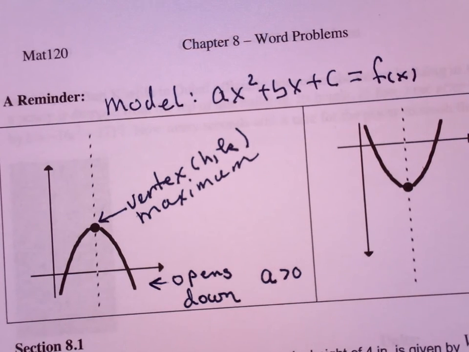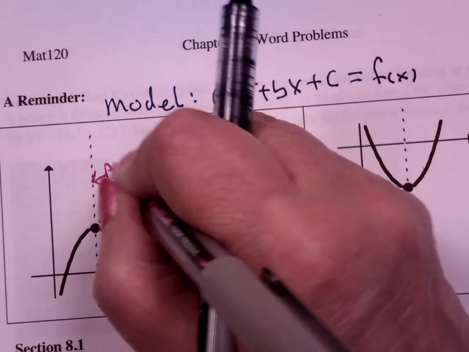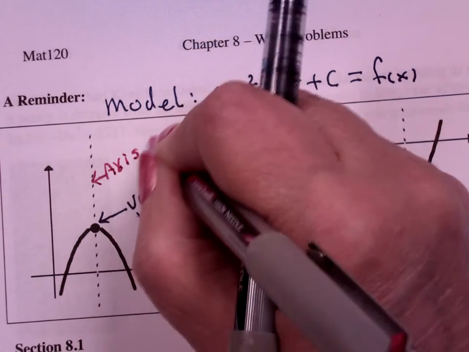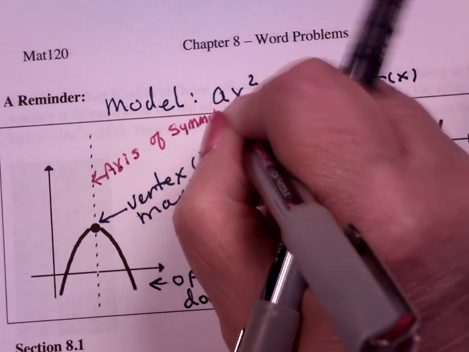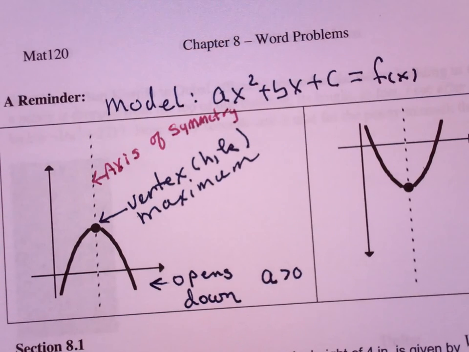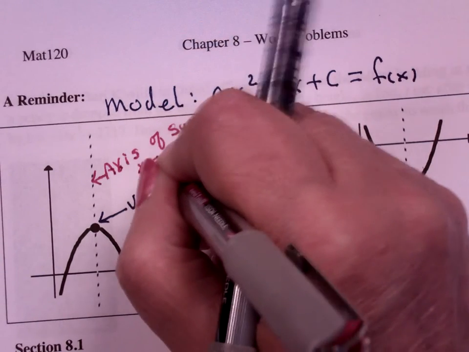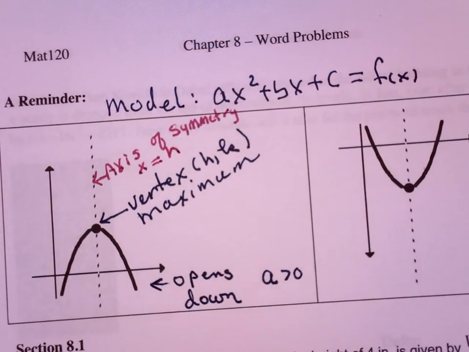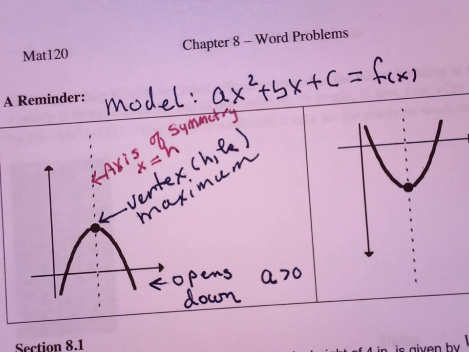And remember that this is the good old axis of symmetry. Even though we don't use it, it's x equals the x coordinate of the vertex, x equals h. So you need that for graphing more than anything else.